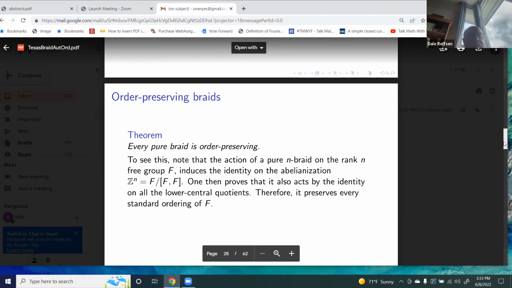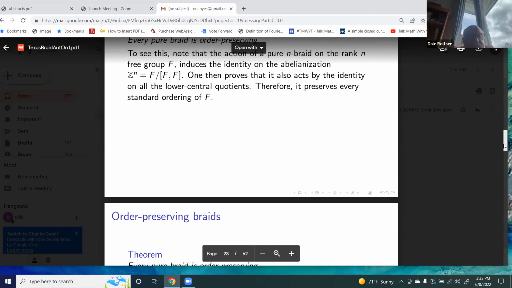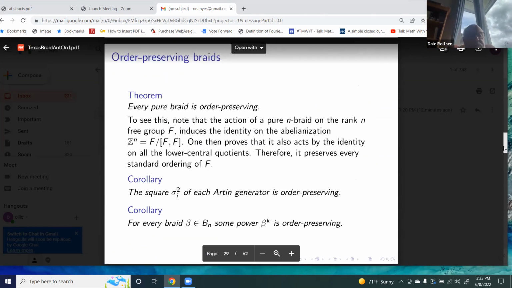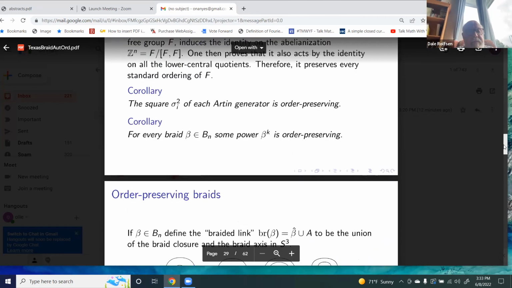So it preserves every standard ordering of F, the way we defined it. As a corollary, the square sigma i squared of an Artin generator is order preserving. And every braid has a power which is order preserving, because some power of it will be a pure braid.